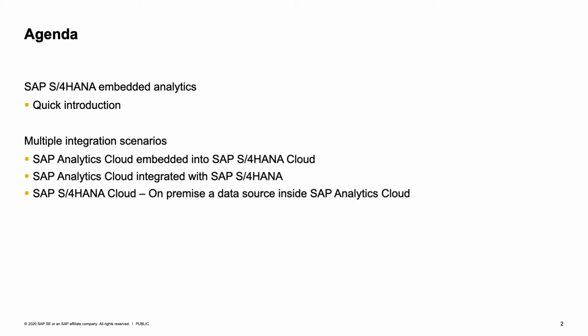Starting with the embedded SAC inside S4HANA Cloud, followed by the integration of SAC with S4HANA on-premise, quickly discussing differences between the two scenarios. And lastly, we will also cover S4HANA being a data source for standalone SAC scenarios.